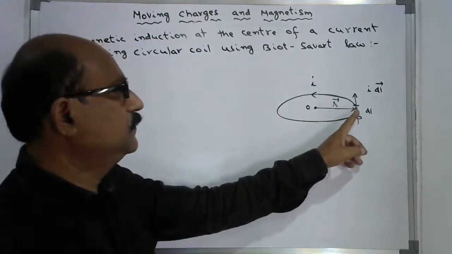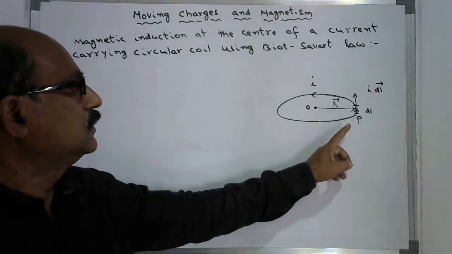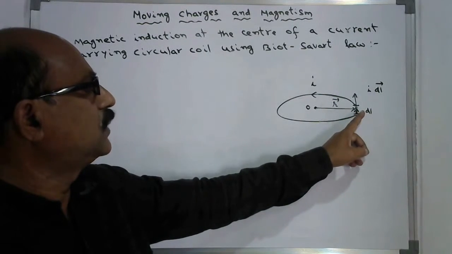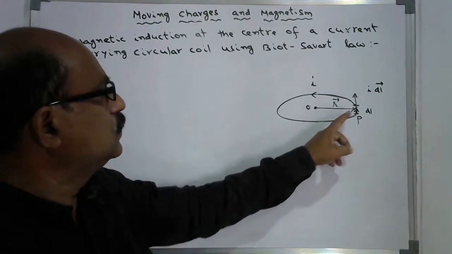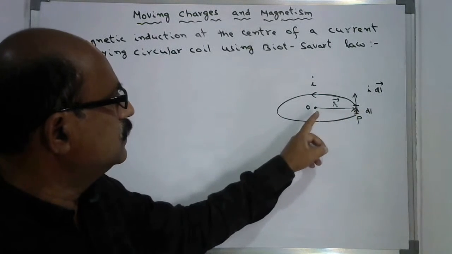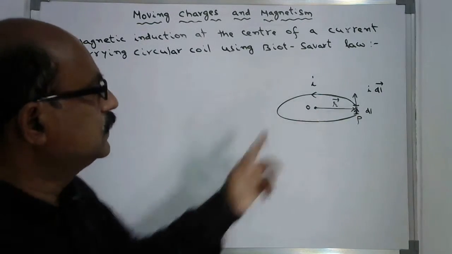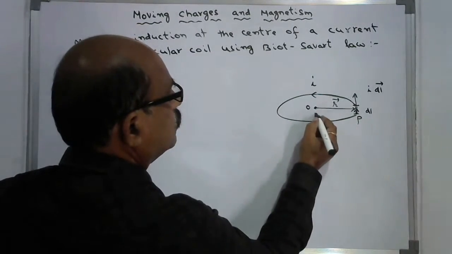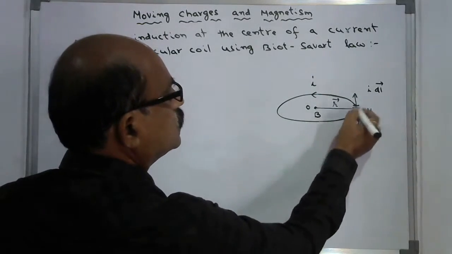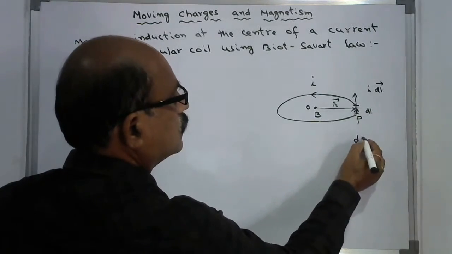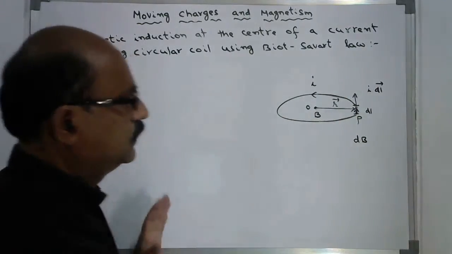At point P, due to this circular current carrying coil, the magnetic induction due to this current carrying element, observed at the center O, is B. I write here the magnetic field due to the small element is dB, and the total field due to all the small elements is equal to B, the total field.